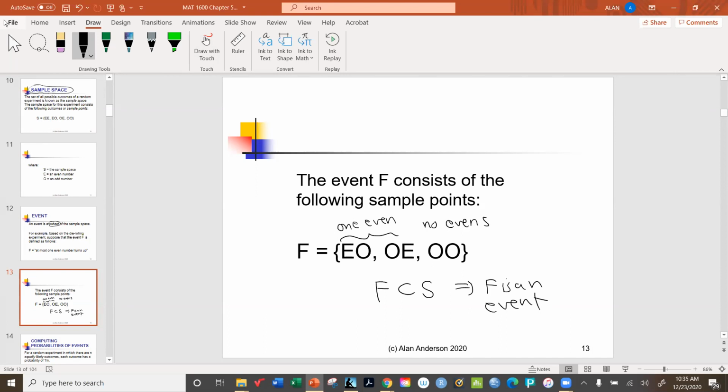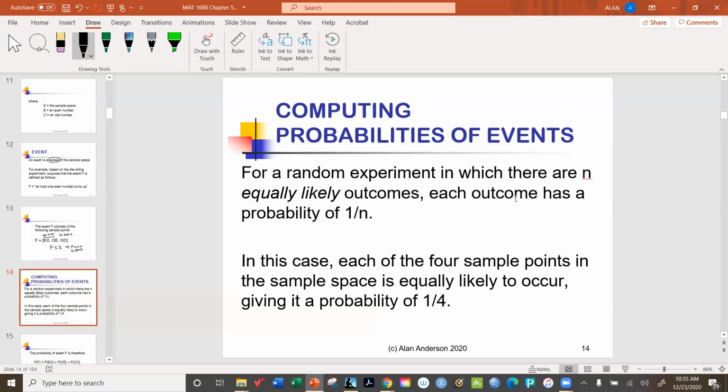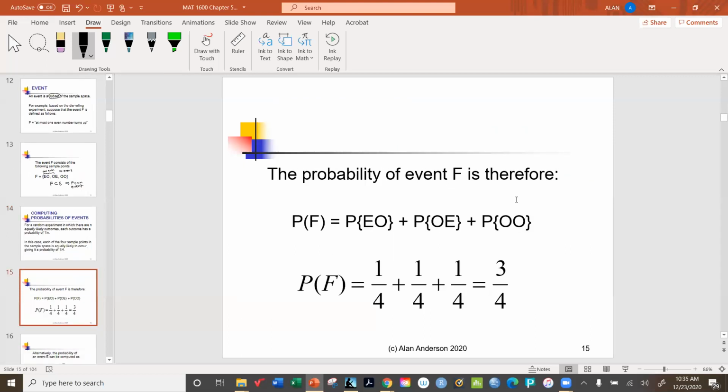Now, here's the interesting part. What is the probability of F? In other words, imagine that I'll win a prize if this event takes place. Anything except 2 evens, I'll win a prize of some kind. What's the probability of this happening? Well, there's a couple of ways we can approach this. We could add up each individual probability.